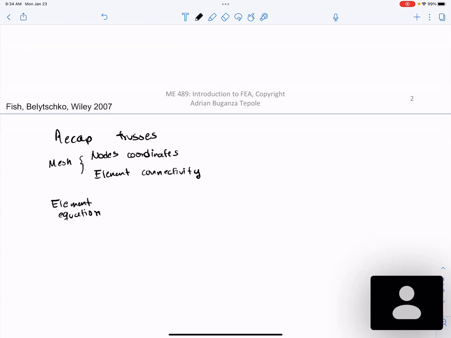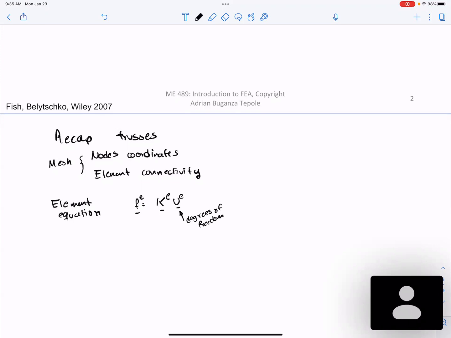Which we are going to express for any type of problem is going to look something like this, where obviously it does not necessarily have to represent displacements and forces. For trusses, it was like that, but this will generalize for all the problems. It's going to be some matrix times some degrees of freedom. You can think of it, like I said, for trusses as displacement, but you can think of this as degrees of freedom. This could be temperature.